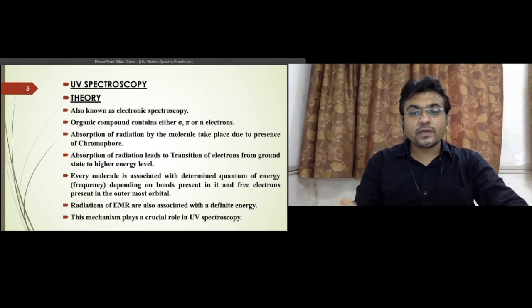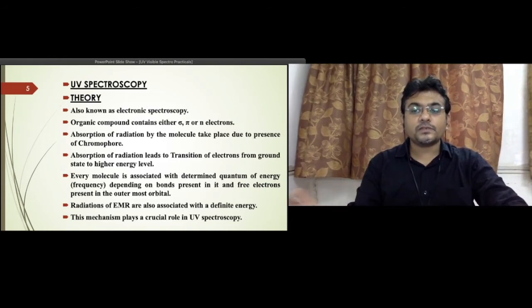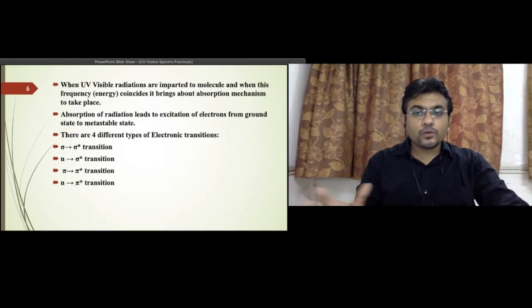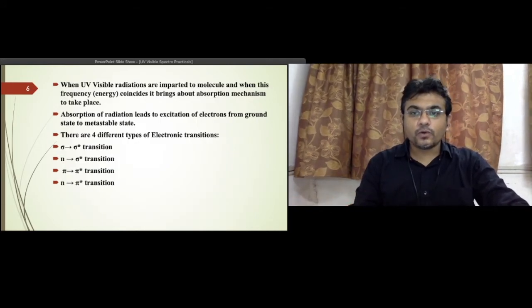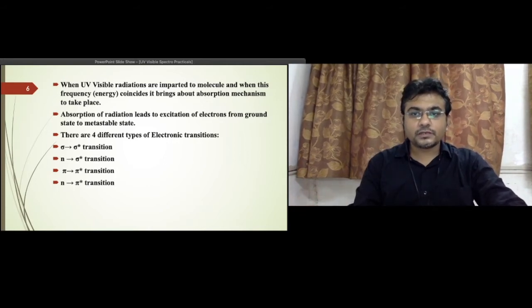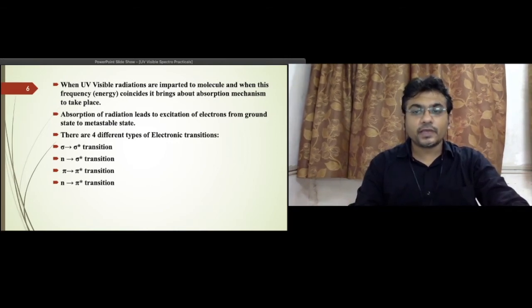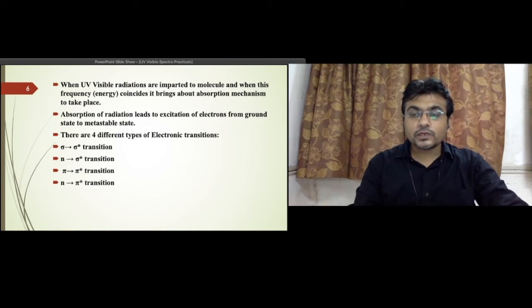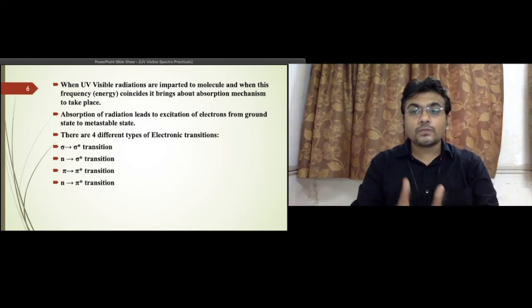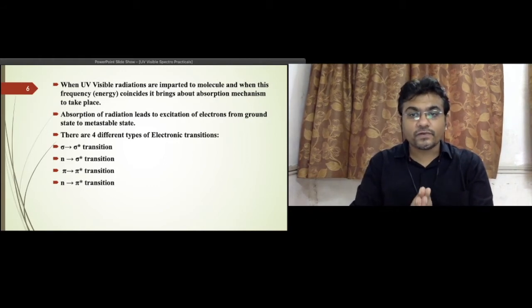This mechanism of absorption of radiation by a molecule plays a very important role in the analysis of compounds in UV visible spectroscopy. When UV radiations are provided to the molecule and the frequency coincides, the absorption of the radiation by the sample will take place. We are mainly concerned with determining how much amount of the radiation has been absorbed by the molecule. That is the basis of our practical.